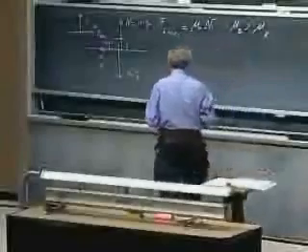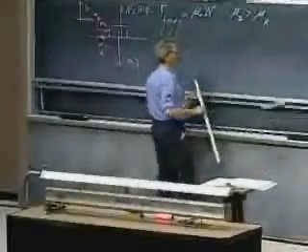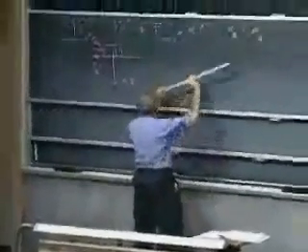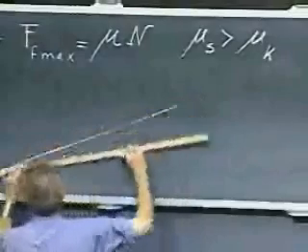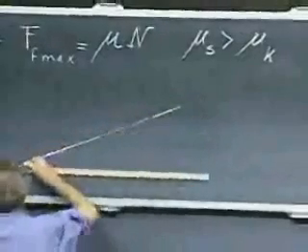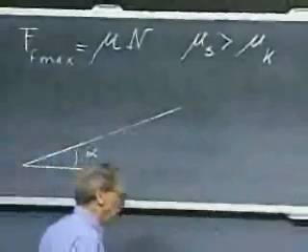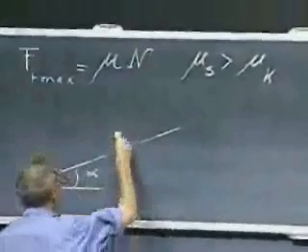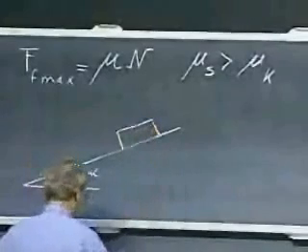It is fairly easy to measure a friction coefficient by putting an object on an incline and by changing the angle of the incline, increasing it. This is the angle alpha. You increase it to the point that the object starts to slide down. Here is the object.